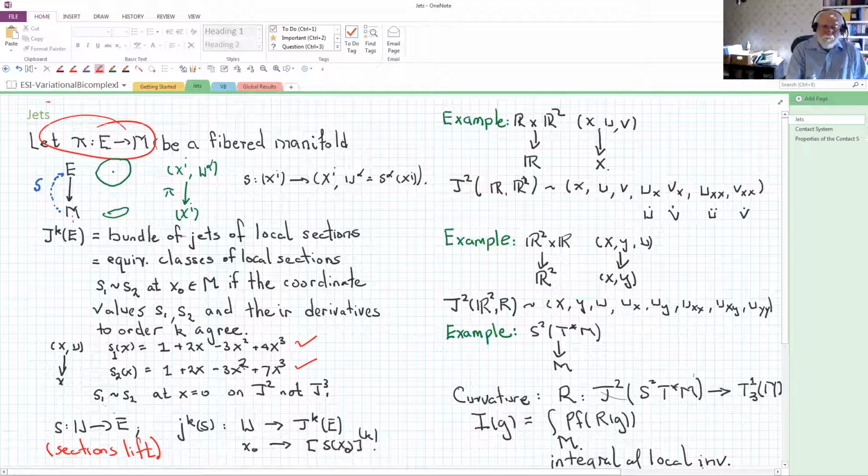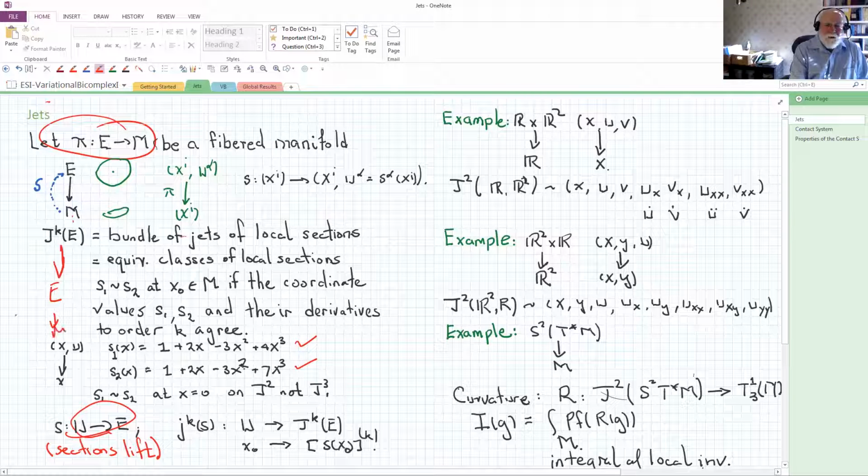So we would say that these two sections define the same point in the second jet bundle, but not in the third jet bundle. And the fundamental property of these jet spaces is that you have this sort of tautological lift. Anytime you have a local section, you can lift that section up. Anytime you have a section here, it lifts to a section here just by taking the jets.